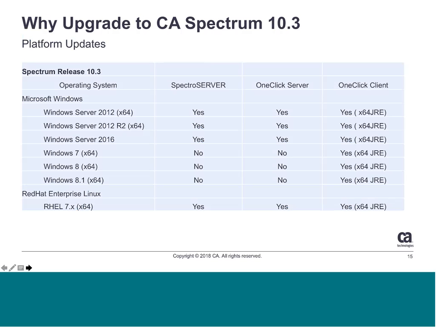Now, let me quickly talk about the platform updates that we have with 10.3. With 10.3 we now have support for Windows Server 2016. There is no longer any support for Solaris. You can also see that Windows 7, 8, and 8.1 are no longer supported for the Spectro server or the OneClick server.